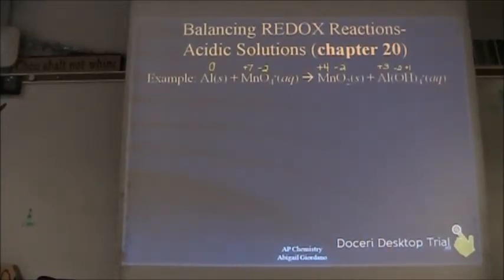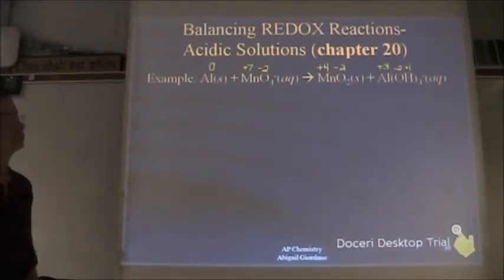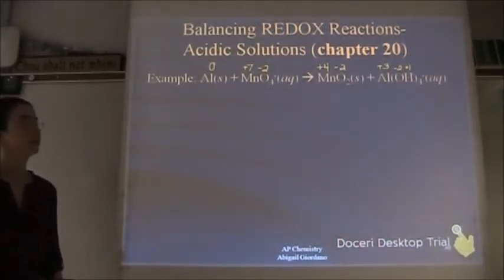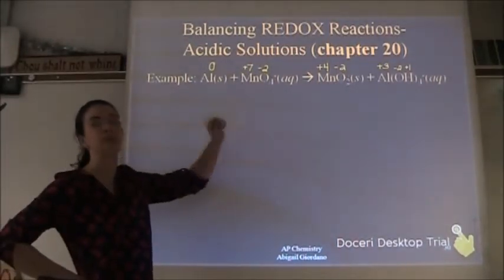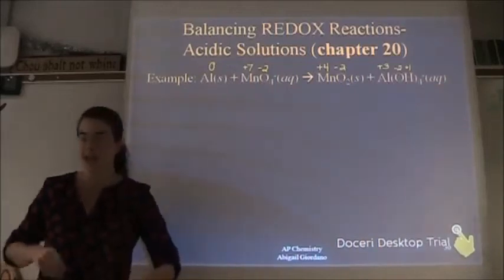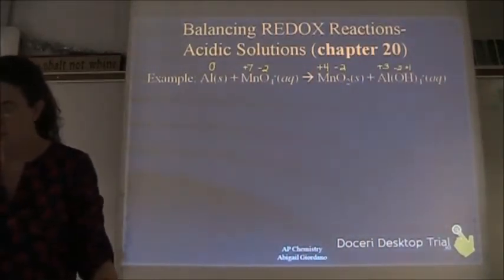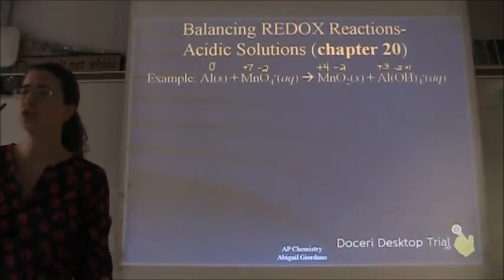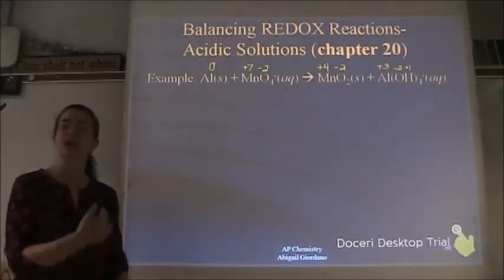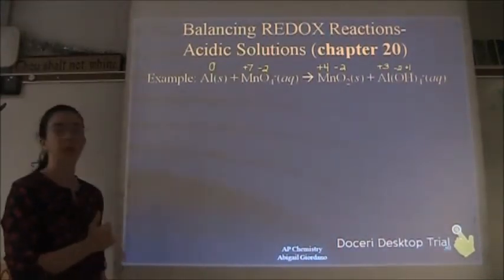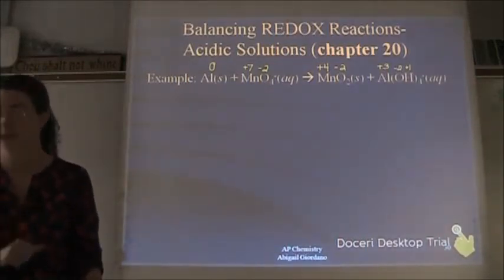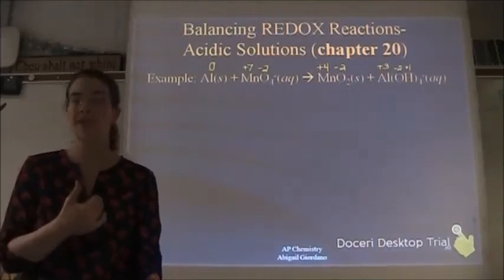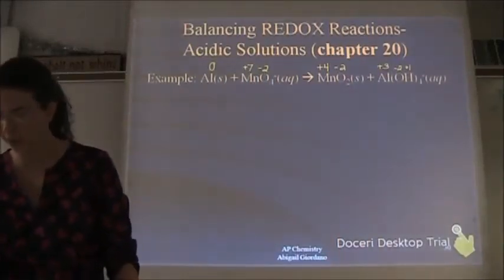One's being oxidized, one's being reduced. Aluminum and manganese. Okay, that's not magnesium, people. That's Mg. This is Mn, manganese. Fine. So it says to write separate what are called half reactions. And here's how I'm going to do that. You said aluminum is one of the elements I care about. You're right. Here is what its half reaction will look like.